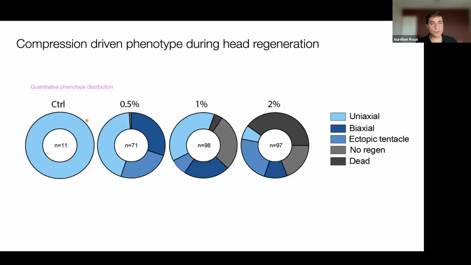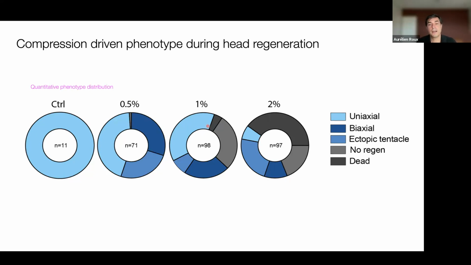And you see that in the control, we never, and that's known, so there's not as much statistics in this case as in other cases, it regenerates a single head from a foot tissue. If you use 0.5% of agar, you see that there's a substantial amount of animals that grow 2 heads. We have also ectopic tentacles and a little bit that does not regenerate.